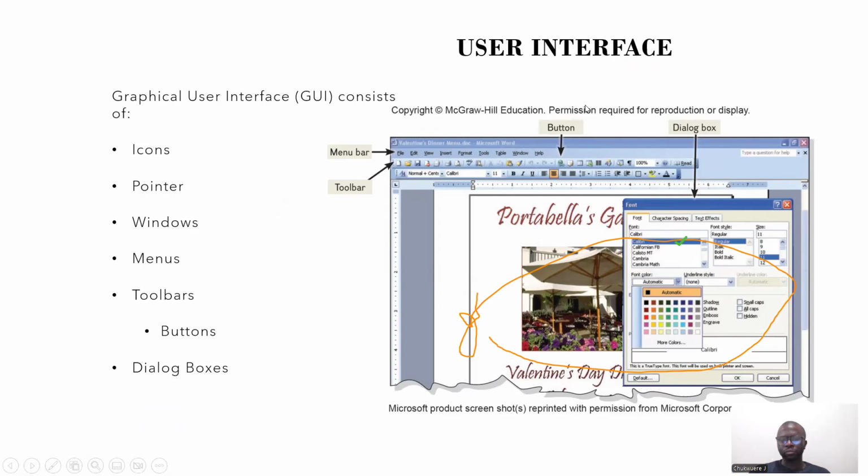As you can see on your screen, in this window, this picture you're seeing, it has your menu bar, your toolbar, your buttons, your dialog box. These are all the components that constitute the user interface of your general purpose application.